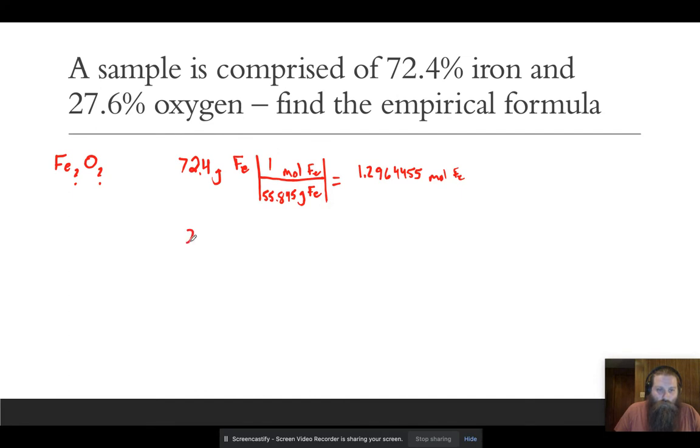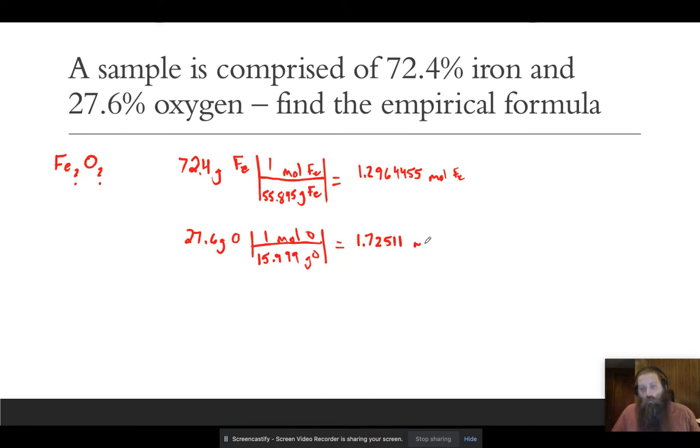I need to do the same thing with oxygen. 27.6 grams of oxygen. We know that there are 15.999 grams of oxygen in a mole of oxygen. So 27.6 divided by 15.999 gives us 1.72511.